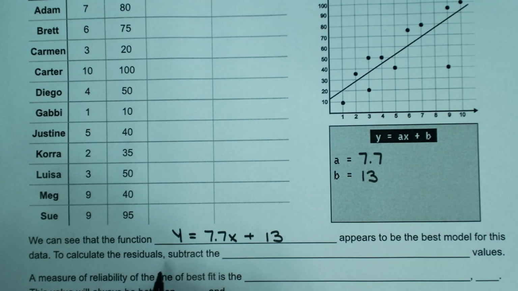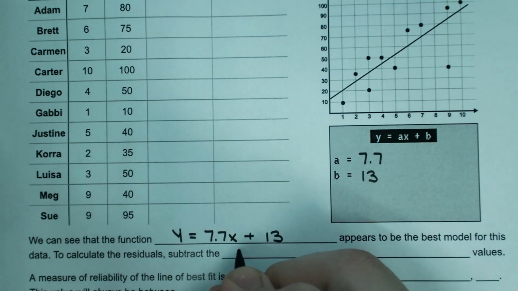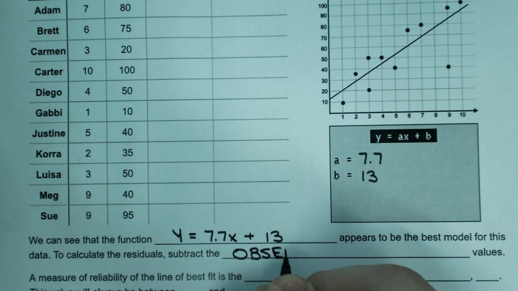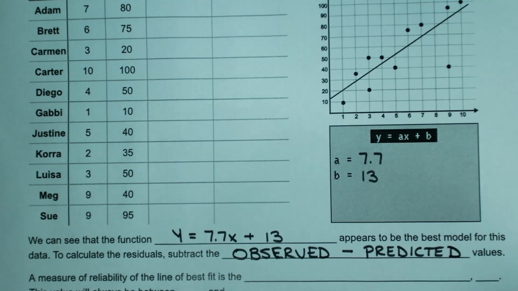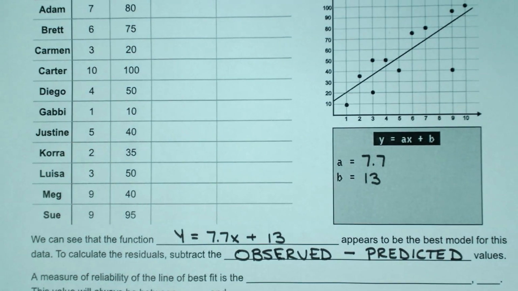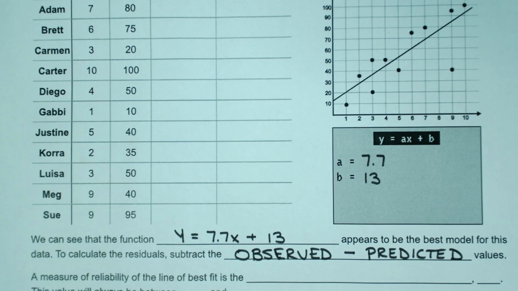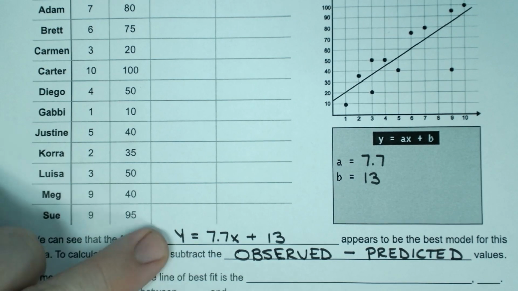To calculate the residuals, subtract the observed minus the predicted. By observed, I mean what actual score did these people get? And by predicted, I mean what does this line of best fit, y equals 7.7x plus 13, tell us they should have gotten around?